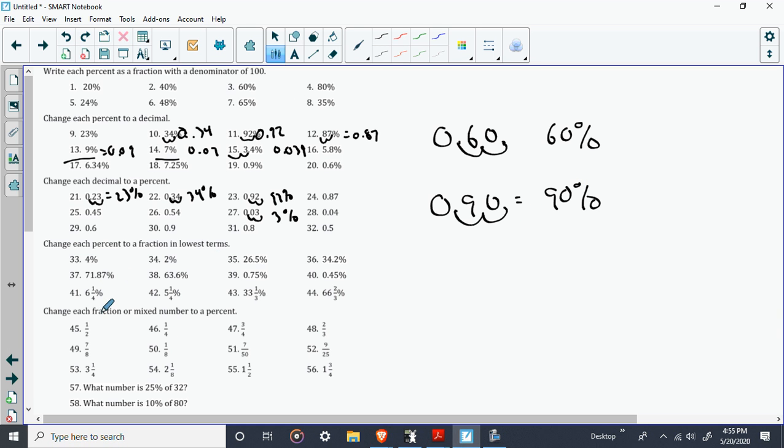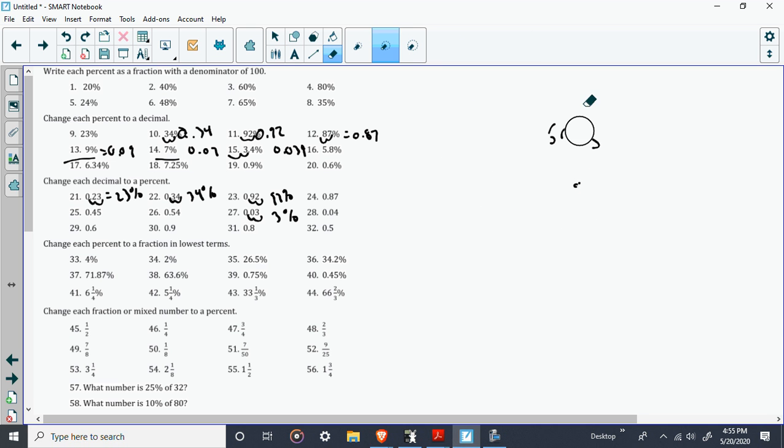And the last really kind of difficult thing, to change a fraction to a decimal. If you don't have a calculator, you could do long division, but if I think about something like 1/4, right? 1/4. Well, if I want it to be a percent, what do I need to make this denominator? 100.